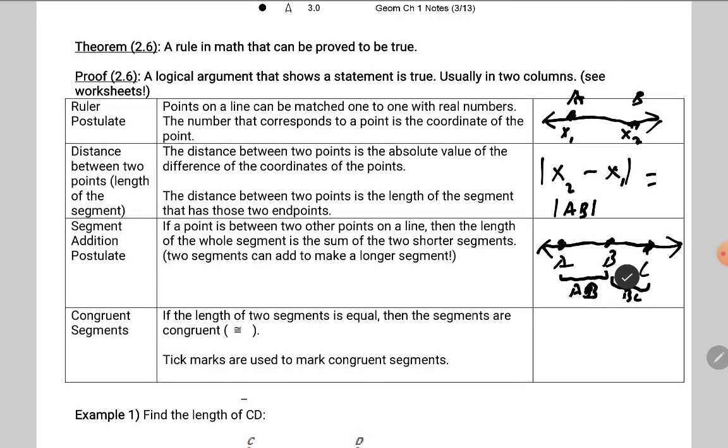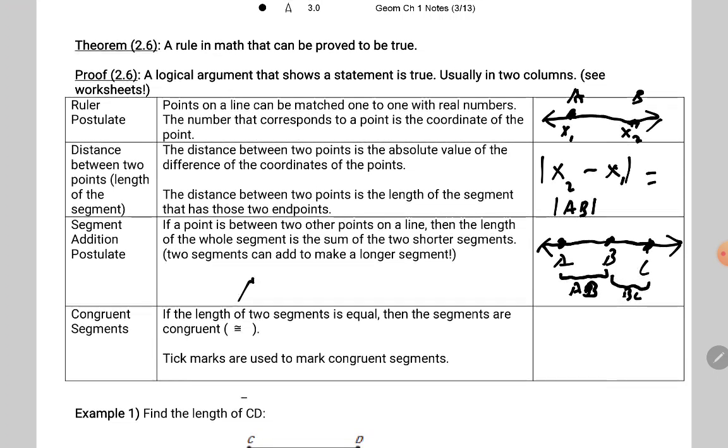What the segment addition postulate says is that we can take 2 segments, and as long as they're on the same line, we can add them together to make the whole piece.